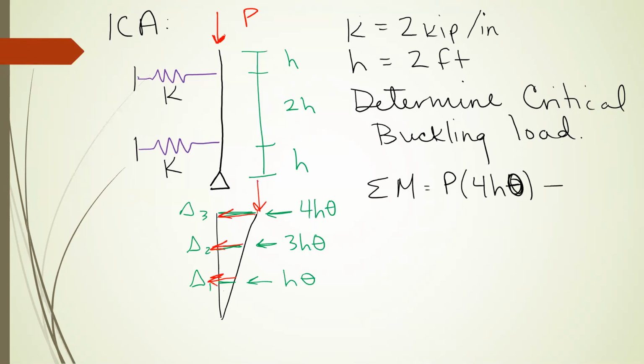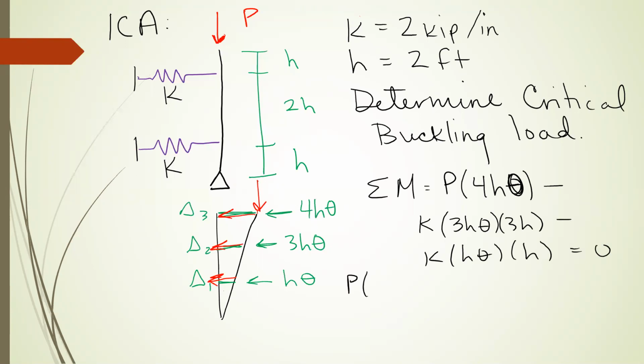And the resisting moments are K times 3H theta times 3H minus K times H theta times H, and that has to equal 0. So if we plug in, we get P times 4H. Well, first of all, before I plug in, let me just point out that theta crosses out. And in fact, one of these H's crosses out.